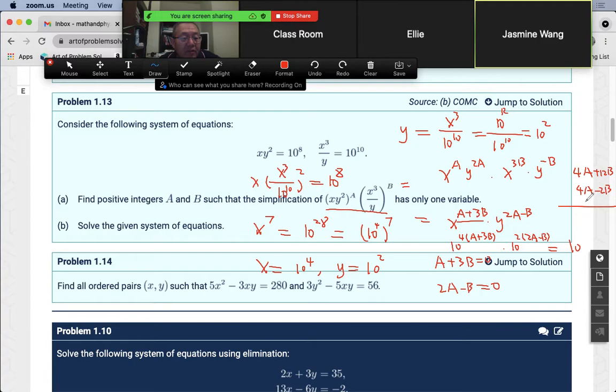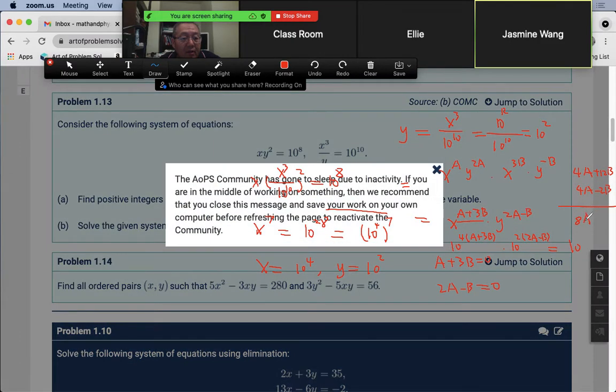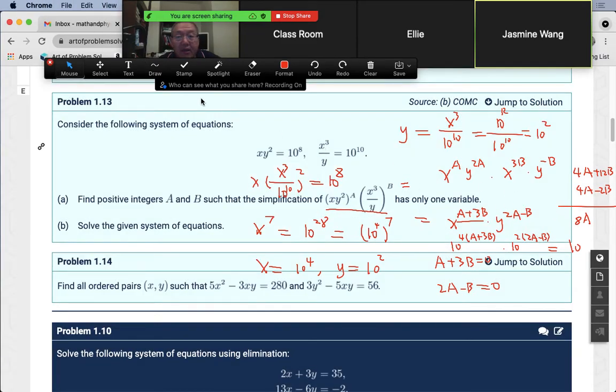So then after you simplify, you got 8a. We got this one equals 8a minus 10b. That's the power for this 10, right? After we simplify, we should get this.